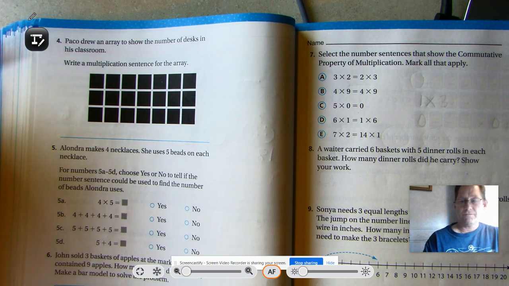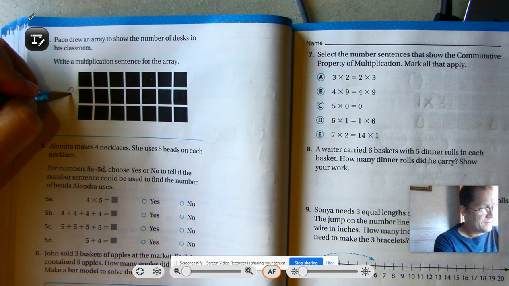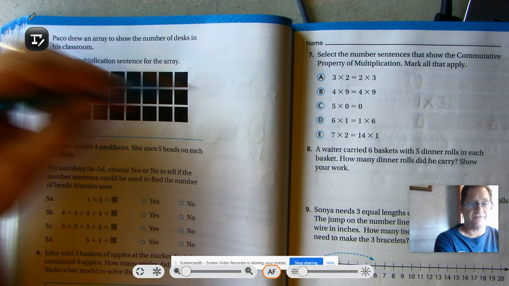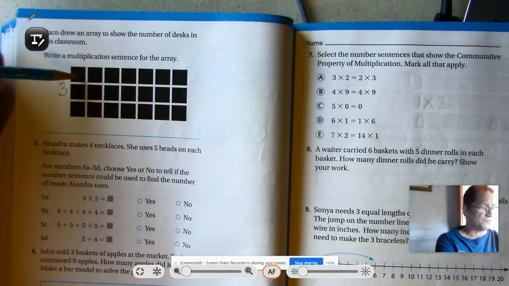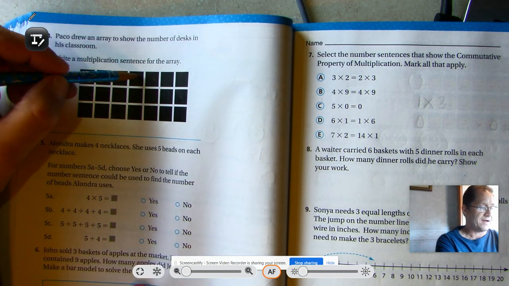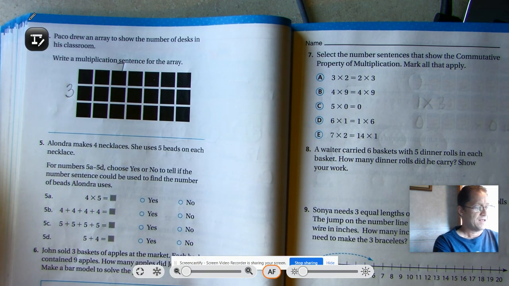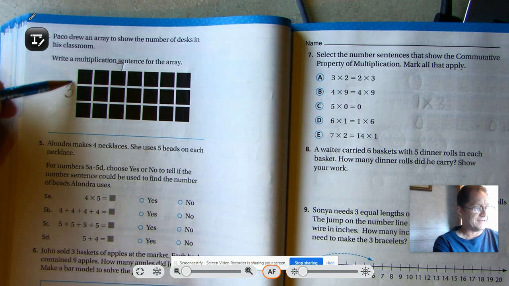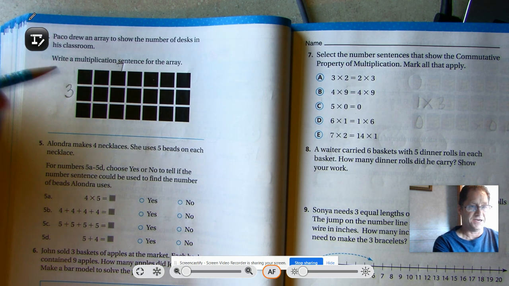So you recall when we were doing this that we wanted to always write down how many each side of the array represents. So we have 3 rows, and in each row there are 1, 2, 3, 4, 5, 6, 7 squares. So the 3 represents how many rows of desks. The 7 is how many desks are in each row.